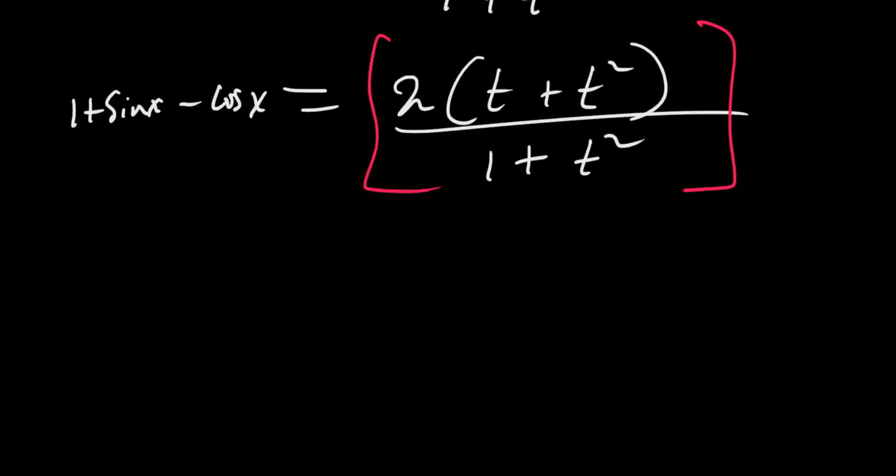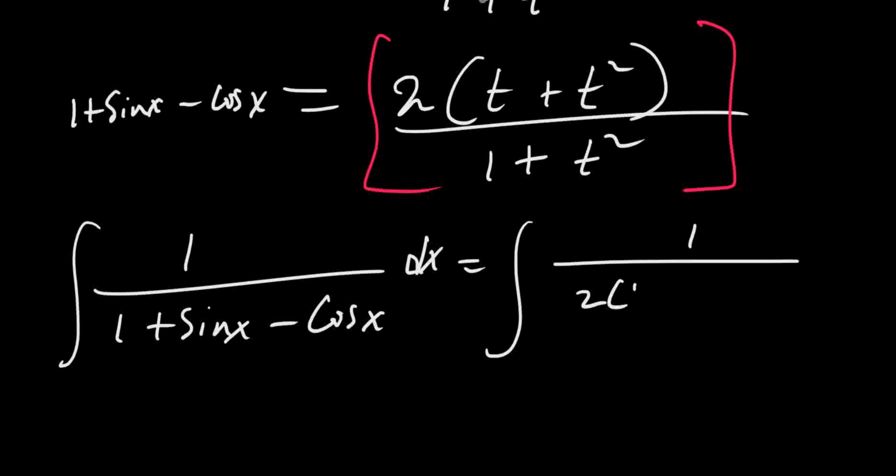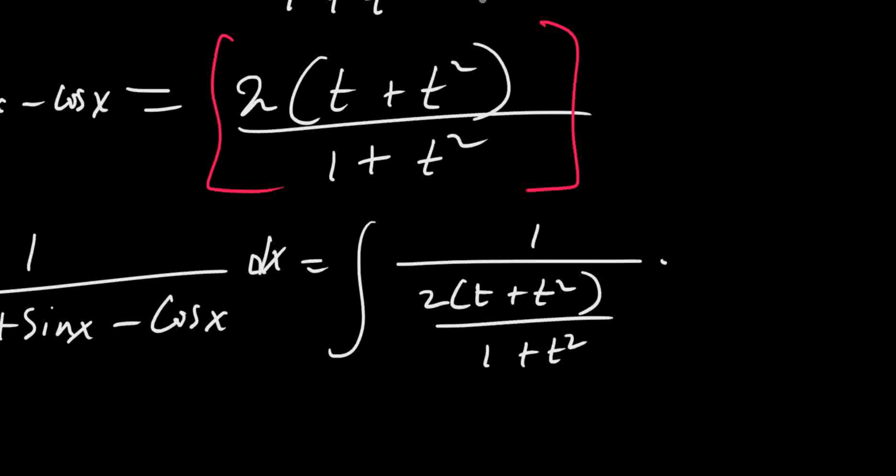So the integral of 1 over 1 plus sine x minus cos x dx is equal to the integral of 1 over 2 parentheses t plus t squared over 1 plus t squared, and the dx, of course, would be 2 over 1 plus t squared dt.